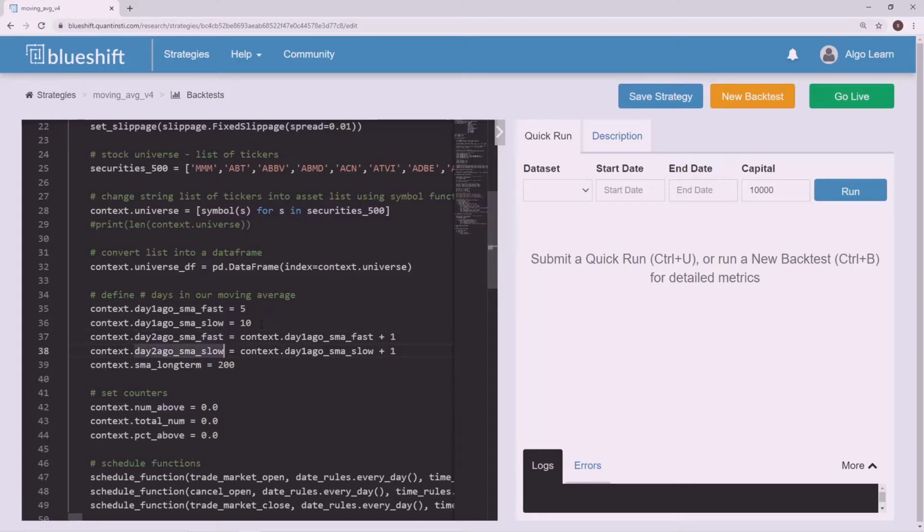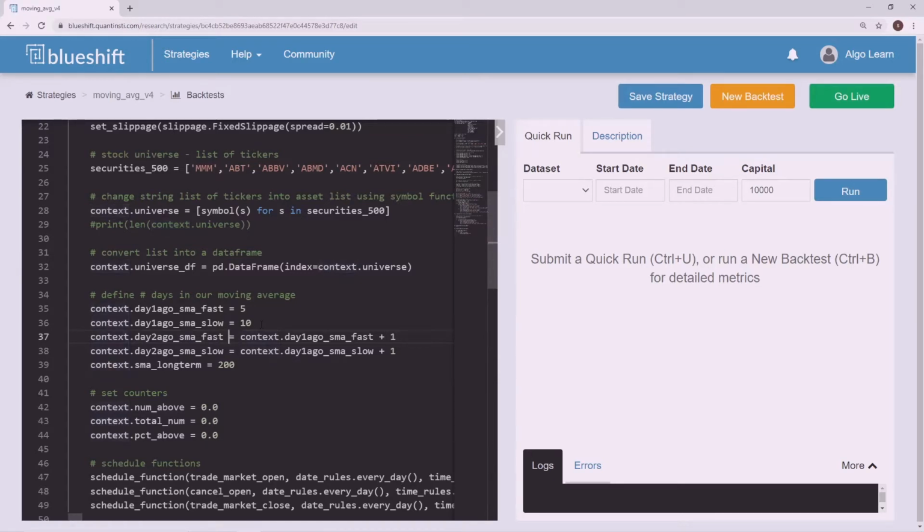What we're going to do, we need to find the 5-day moving average from 2 days ago, and then we need to find the 10-day moving average from 2 days ago. So we're going to be creating these variables here. You can see day 2 ago fast is going to be the day 1 ago fast, which is 5 plus 1.